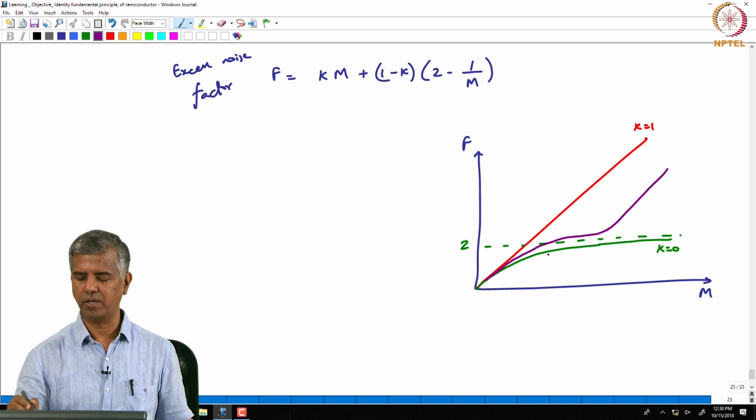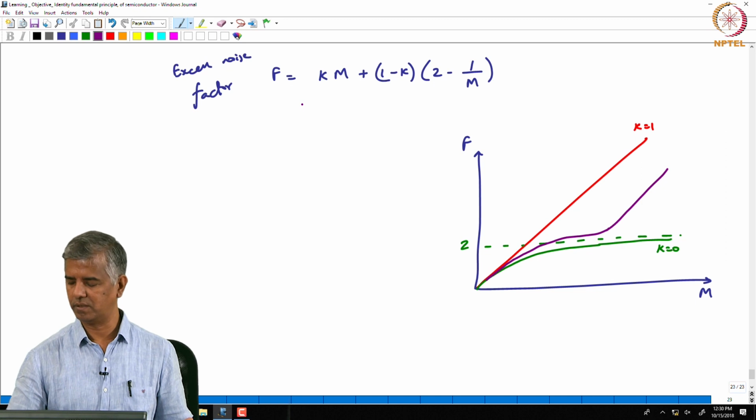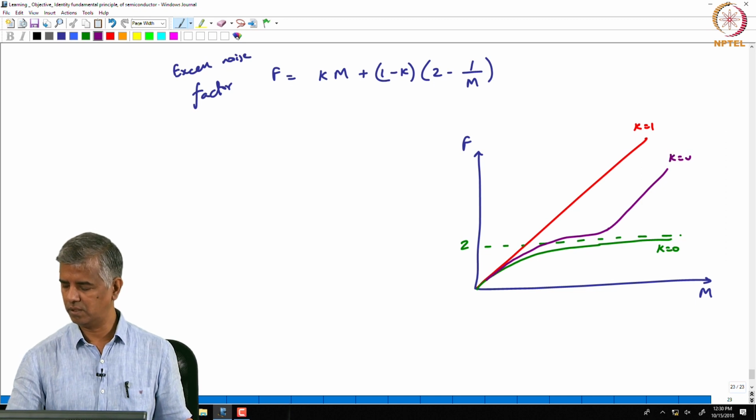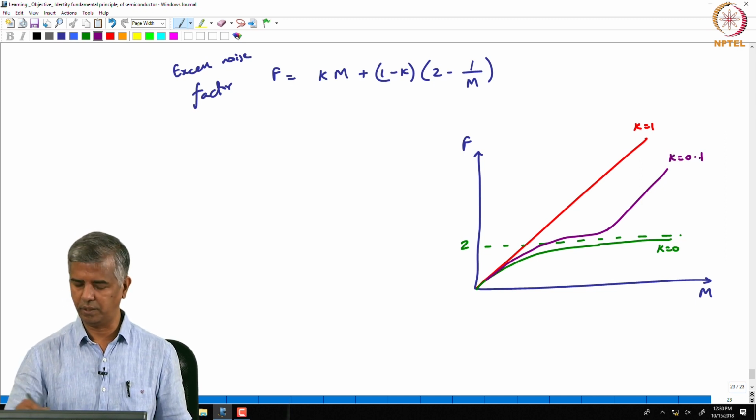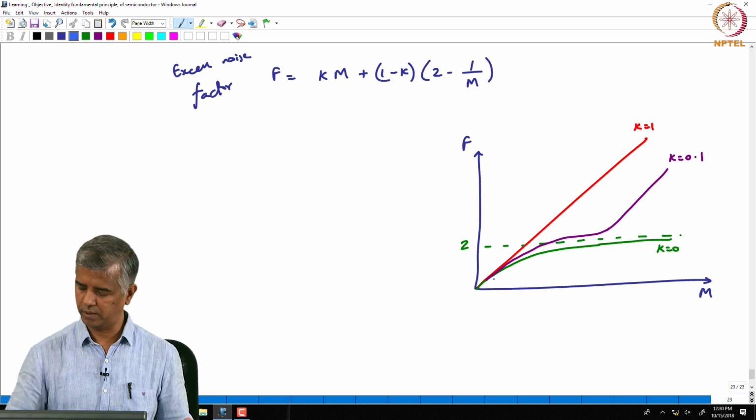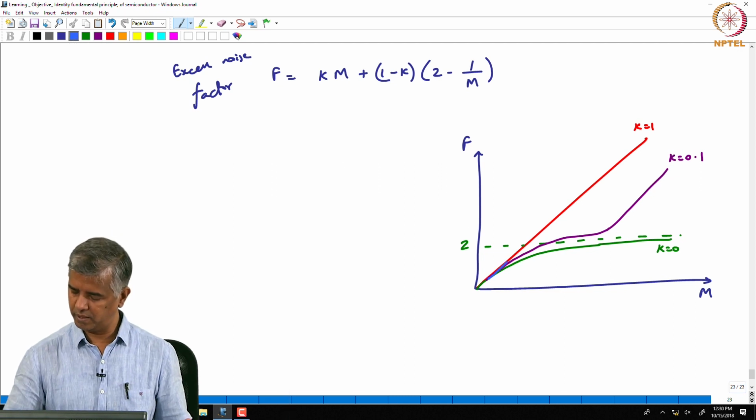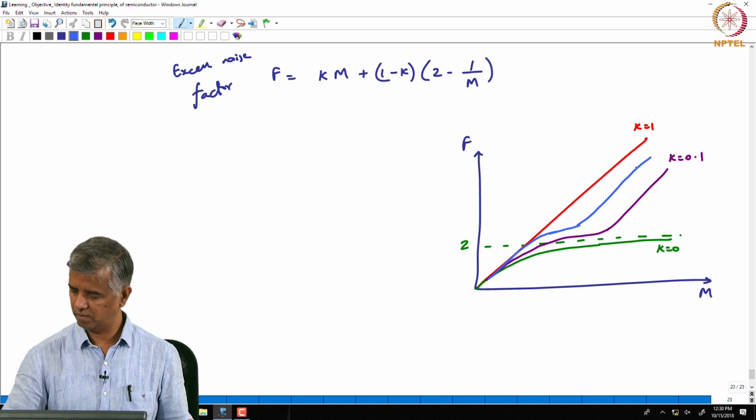For large values of m, the first factor dominates, right. So, this is for k equal to 0.1, and for indium gallium arsenide it is something like this, k equal to 0.5.